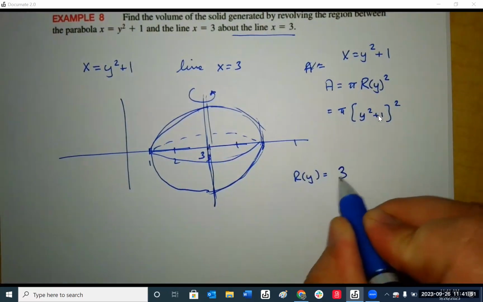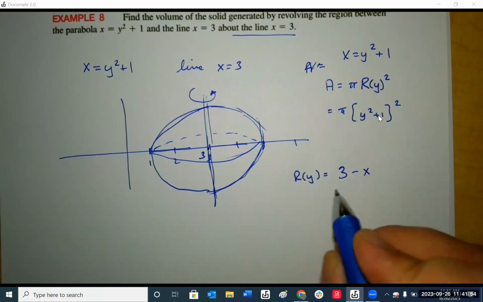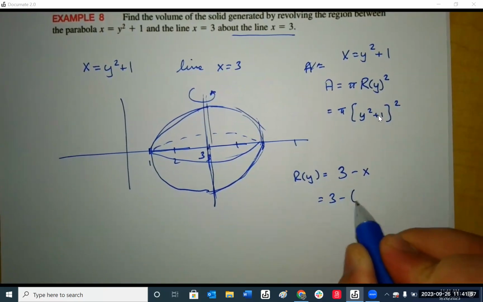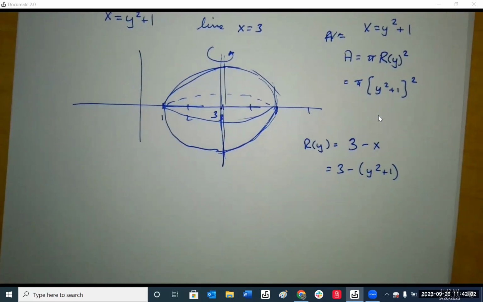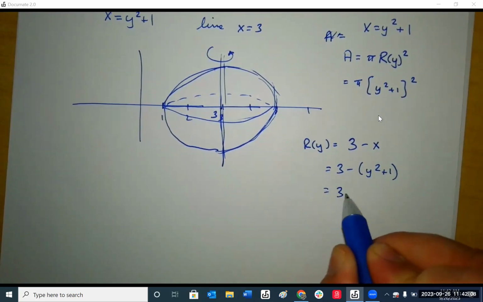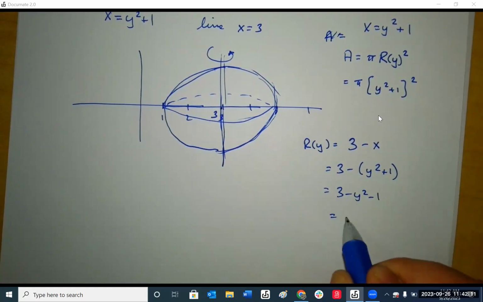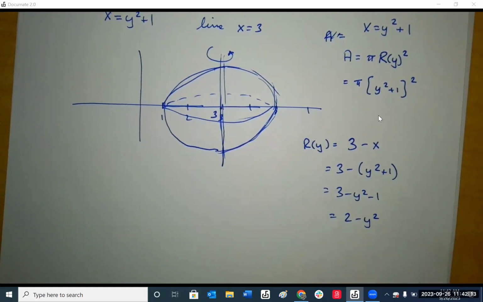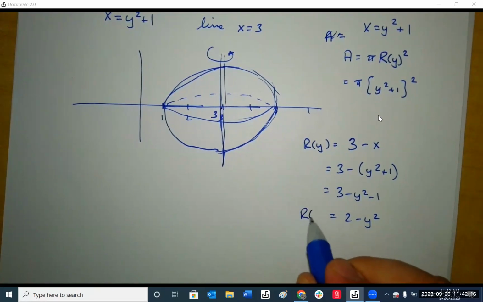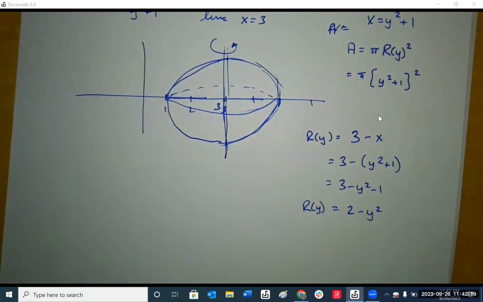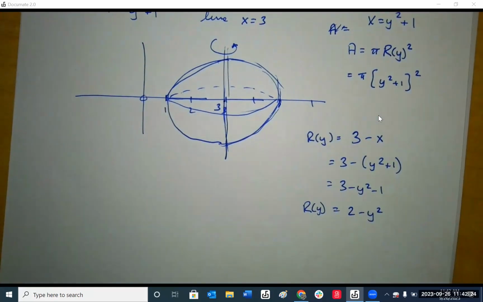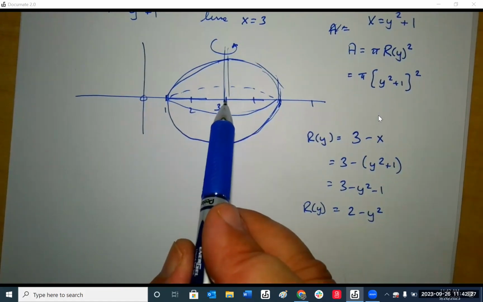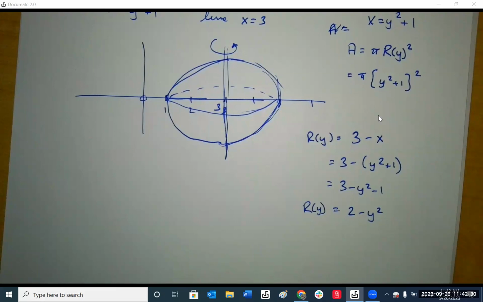Which is 3 minus. So that's our radius. Because we shifted, it would have been the other way if we started at the origin, but we shifted over 3 spaces to the right first.